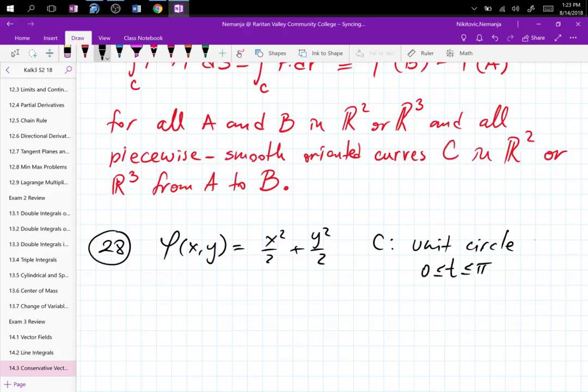So it's not the unit circle, it's half of the unit circle. You have to draw this, guys. It starts here at (1, 0), goes oriented this way, and ends here at (-1, 0). This is your A, this is your B.